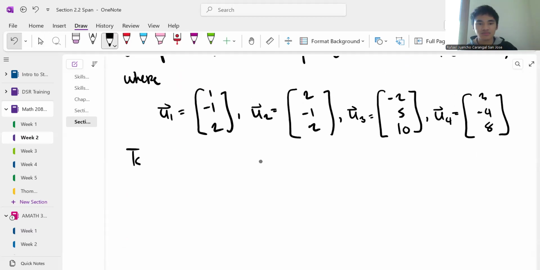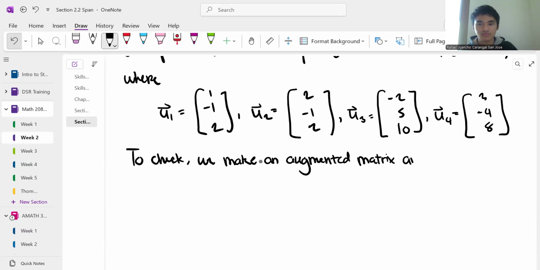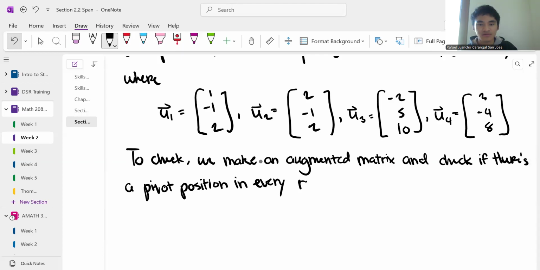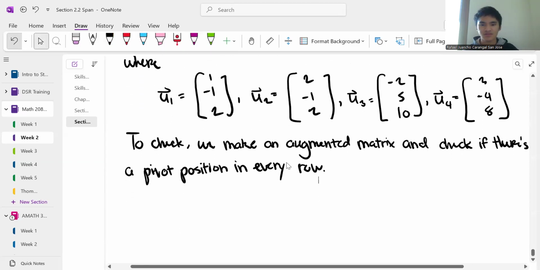So to check, we make an augmented matrix and check whether there's a pivot position in every row, after doing all that Gaussian elimination, right? So let's actually check.